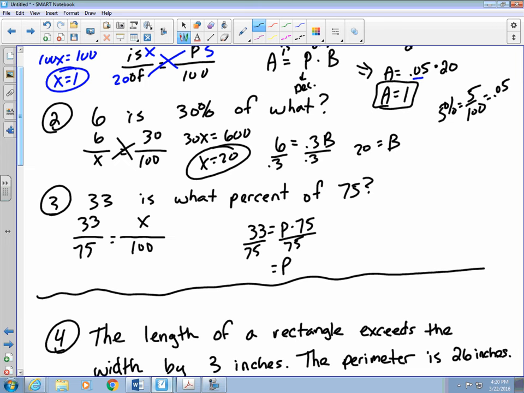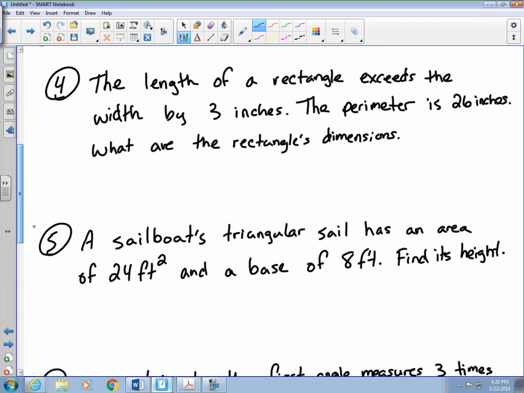So you're going to have to move it 2 places to the right. So your percentage is actually 44, as 0.44 and 44% are equivalent. You get the same thing here. So you get 75x equals 3,300, and divide that by 75, and you get 44 again. So you pick which way you want to go about percentage problems.